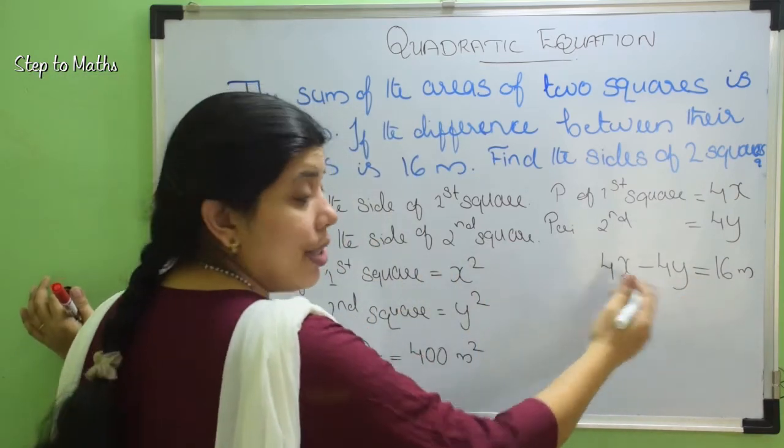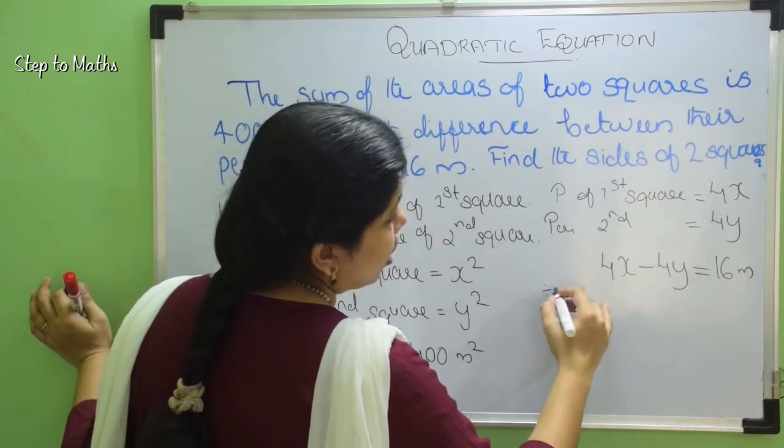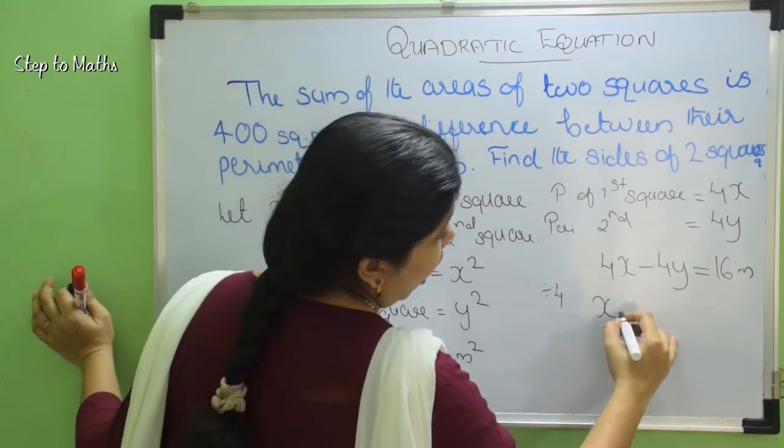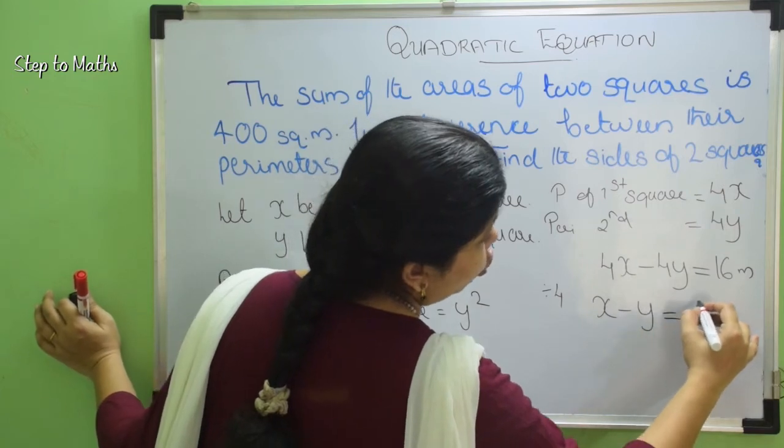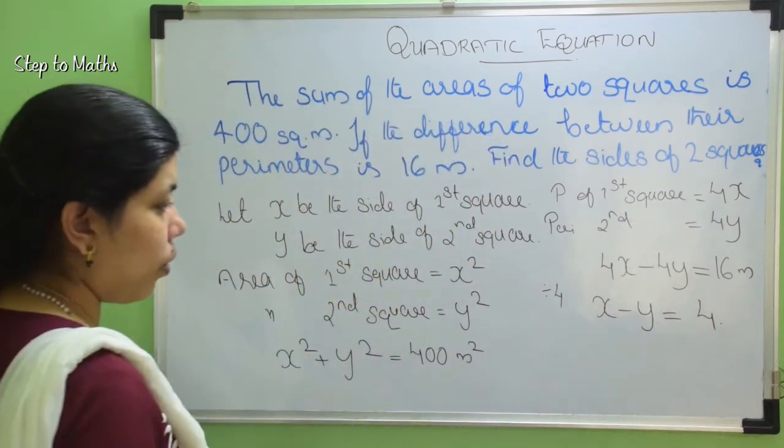We can simplify this equation. If we divide throughout by 4, it becomes x minus y is equal to 4.